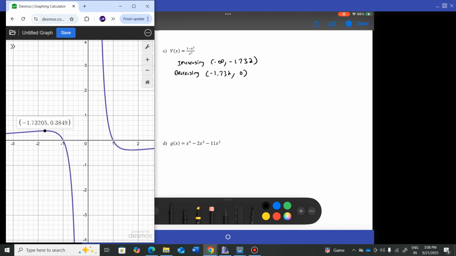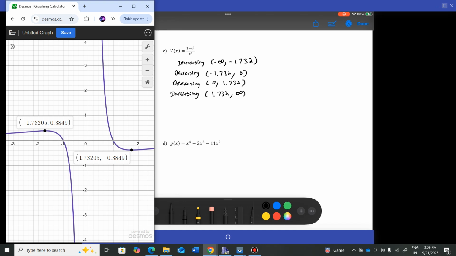Right, and so it's then decreasing from 0 to the minimum point 1.732, and then it's increasing from 1.732 to infinity.